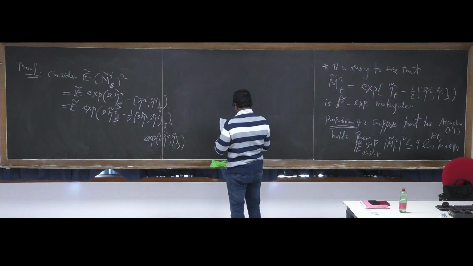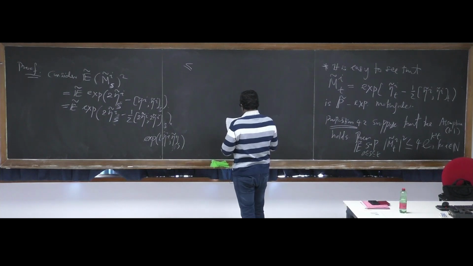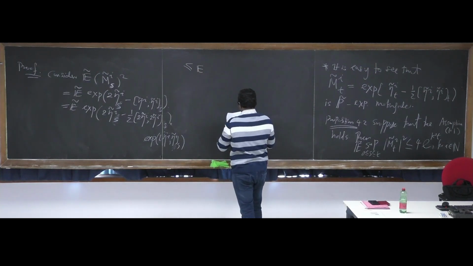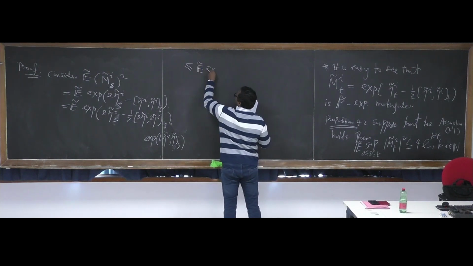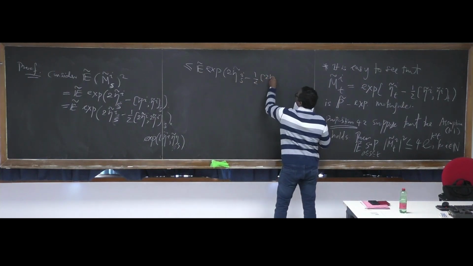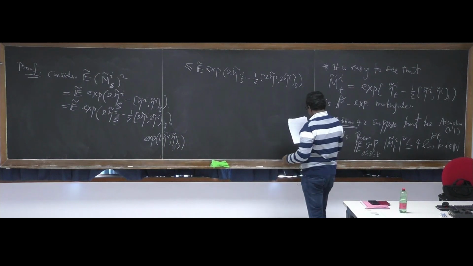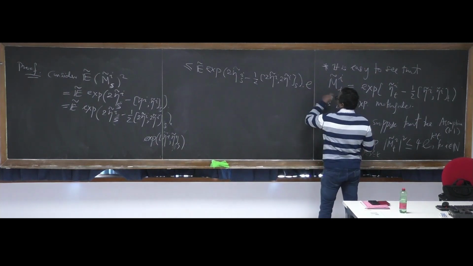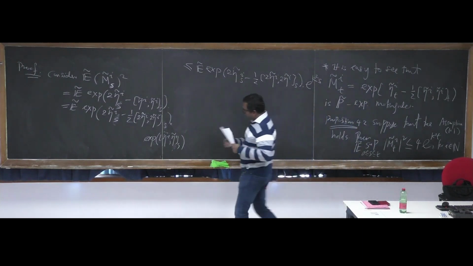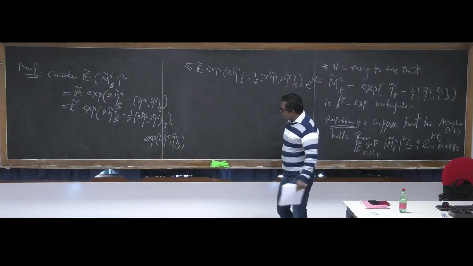Then this is bounded by expectation of exponential of minus 1/2 s times exponential to the power k squared s, because this quadratic variation, we already discussed, is bounded by k squared times s.